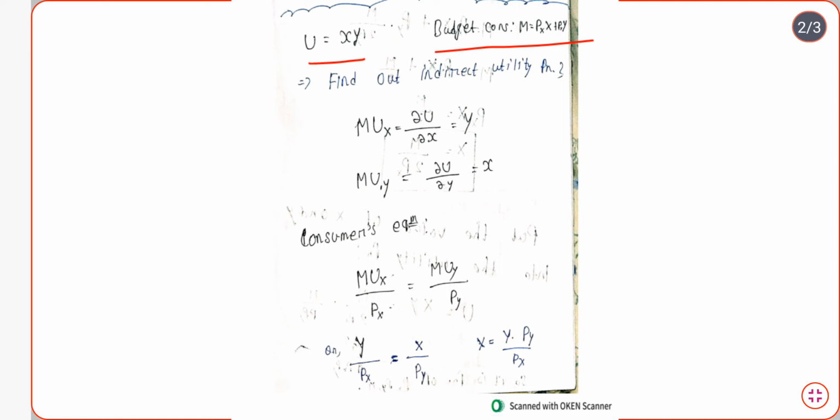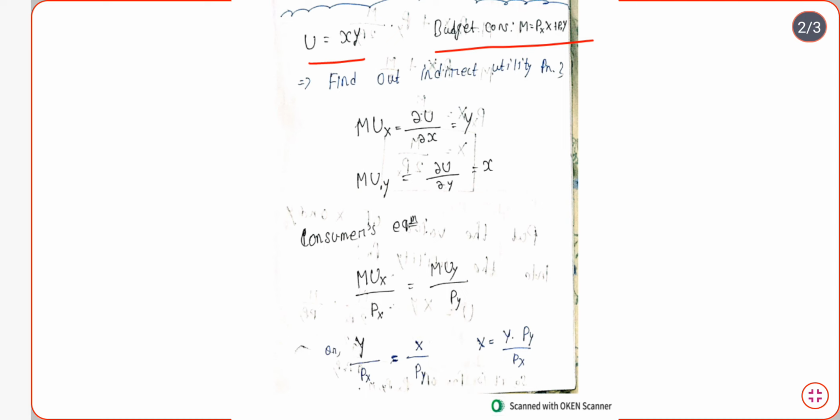In this approach I am going to find the marginal utility of x, that is the partial derivative of the utility function with respect to x, which equals y, and the marginal utility of y, that is the partial derivative of the utility function with respect to y, which equals x.